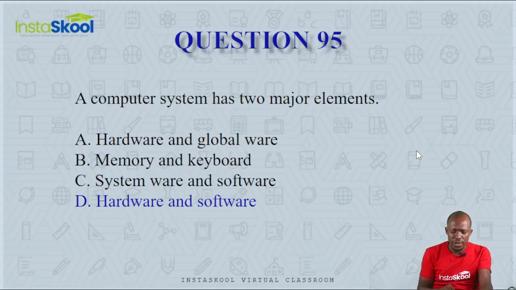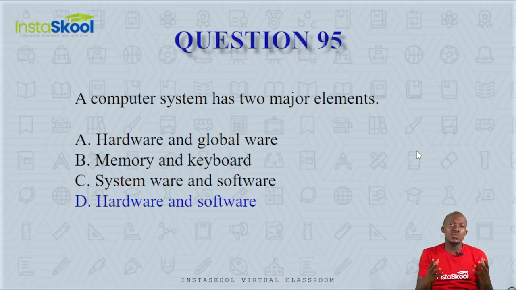Question number 95. A computer system has two major elements. Is it the hardware and globalware, or the memory and keyboard, or the system ware and software, or the hardware and software? Every computer system is made up of the hardware that you can see and touch, and the software that you cannot see but is what is powering the hardware.